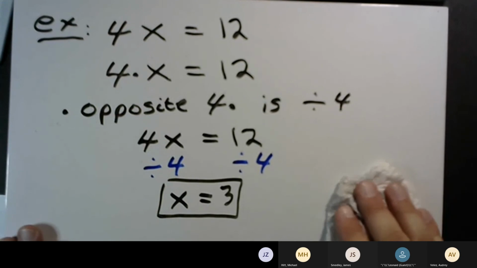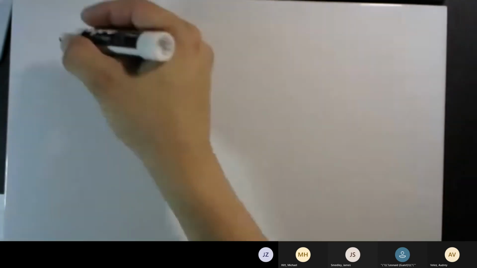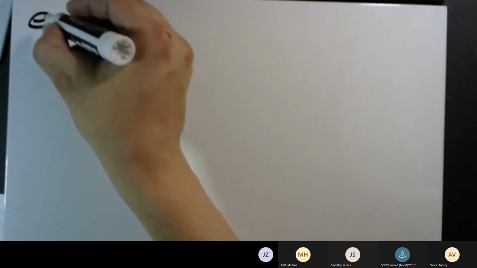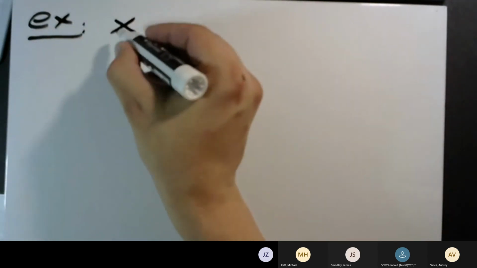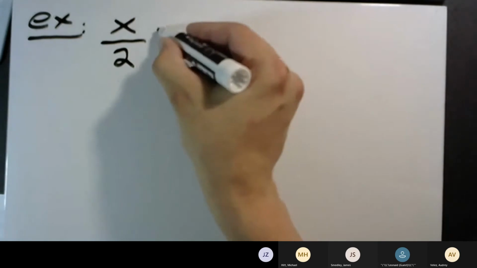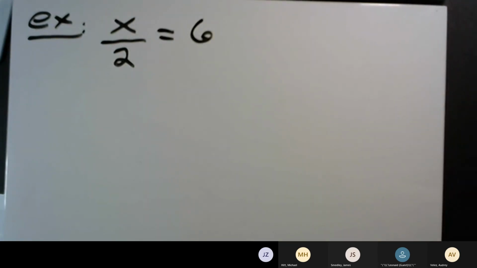All right. And here's another. We'll just do a bunch of these. And there are some you can get with fractions that get a little complicated. Now, let's say we have this: x over 2 equals 6.